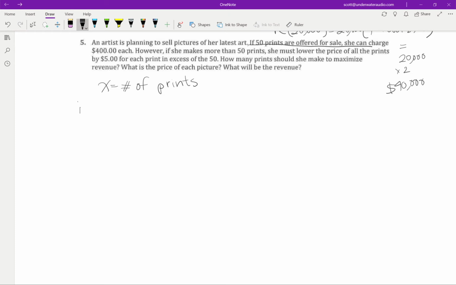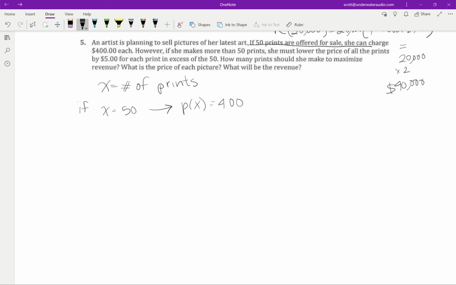So if x equals 50, then P of x equals 400. So to put that in words, if she decides to offer 50 prints for sale, then the price that she's going to sell those prints at is $400 each. Okay?